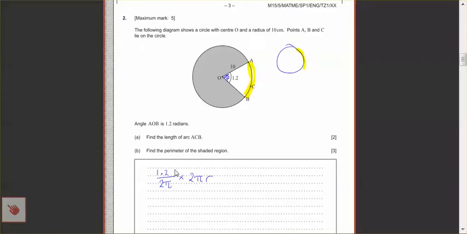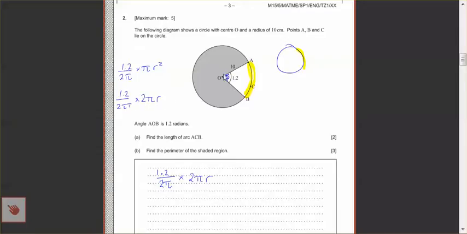So that is the fraction. So, for instance, if I wanted to find the area, which isn't in this question, I would do 1.2 over 2 pi, because that's the fraction, times pi r squared. If I want to find part of the circumference, I would do 1.2 over 2 pi times 2 pi r.